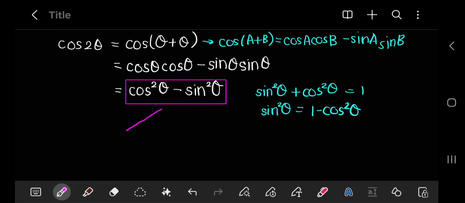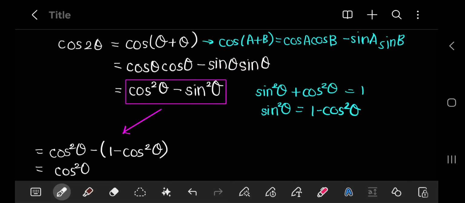So since this is going to be used to get the next expansion, I'm just putting an arrow to show you that it could go one of two ways. The first way is that we are going to keep the cos squared theta there, and we are going to replace sine squared theta with 1 minus cos squared theta. Next, we are going to take that negative and multiply into the bracket with both terms.